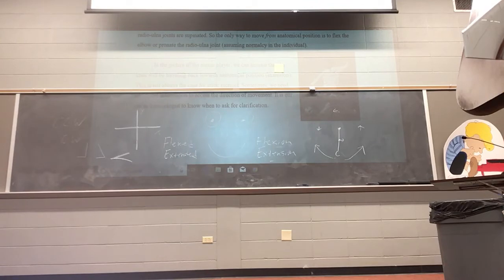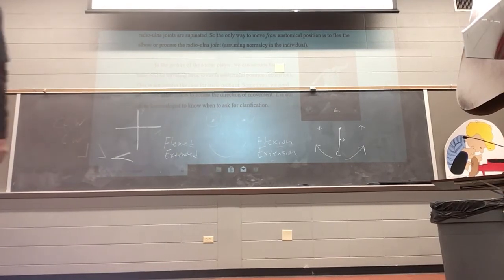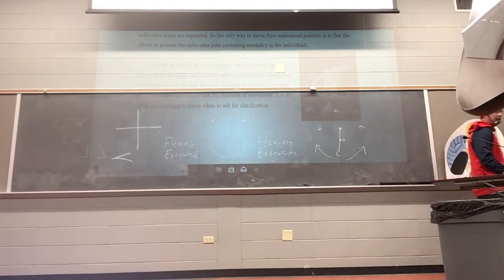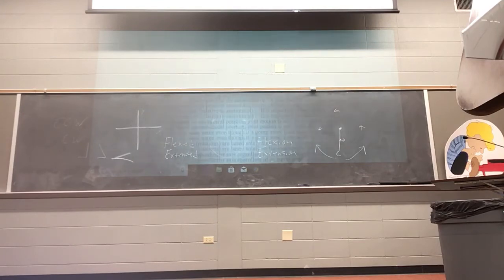You're just looking at it and saying, where is he at relative to here? Now, that doesn't mean I know how he's moving. We'd have to have a before and an after, or a video to say whether he's flexing or extending.